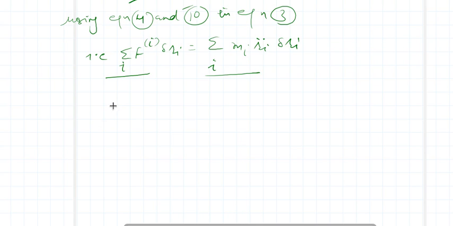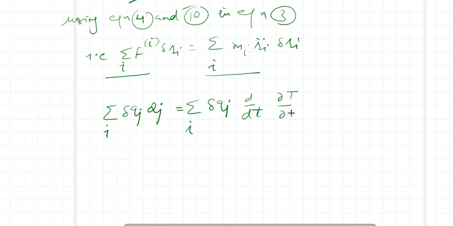So this is equal to summation over j of delta q_j Q_j, which must be equal to summation over j of delta q_j times d over dt of ∂T/∂q_j dot minus ∂T/∂q_j. That's what I have to write down here.